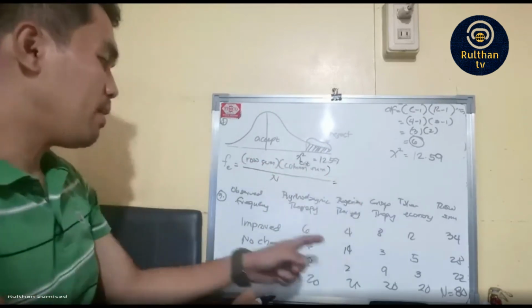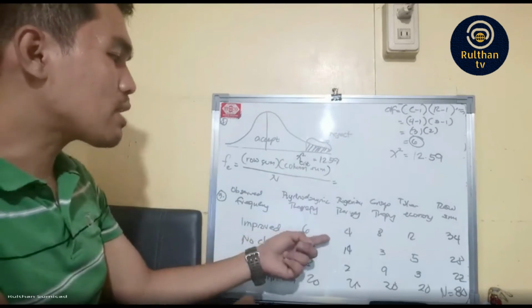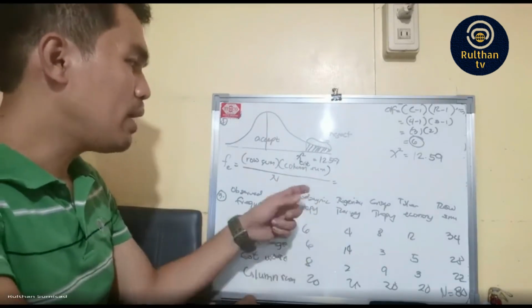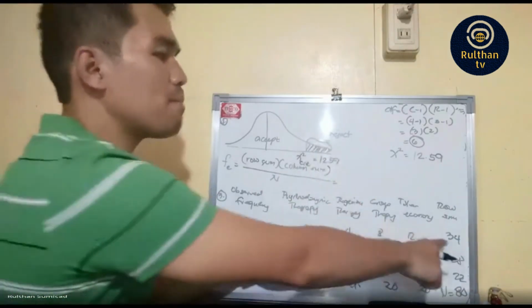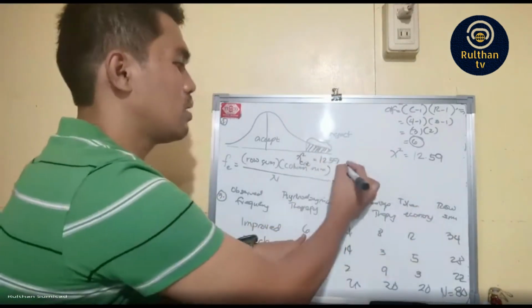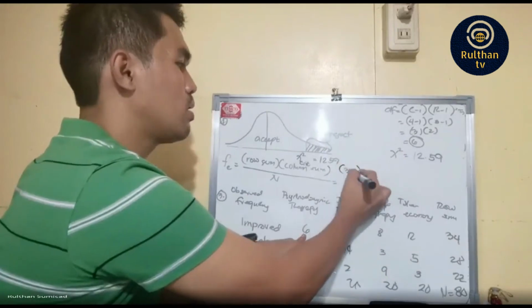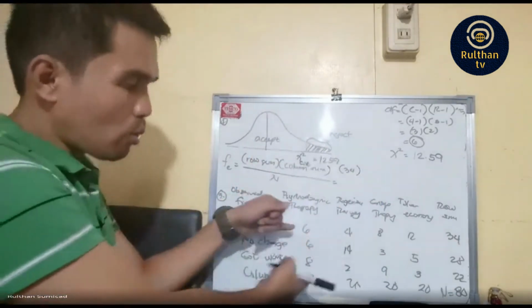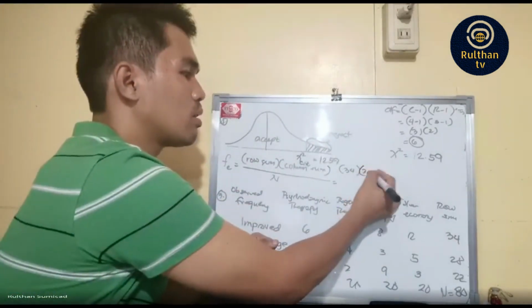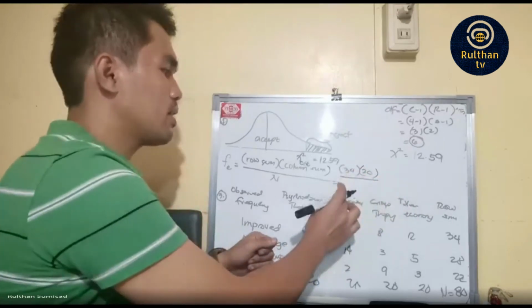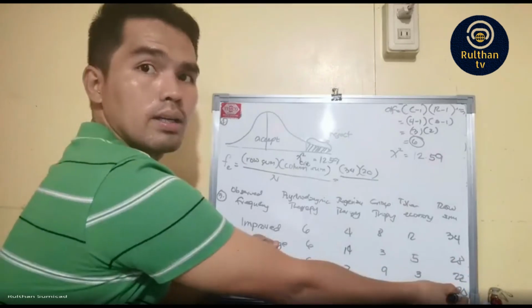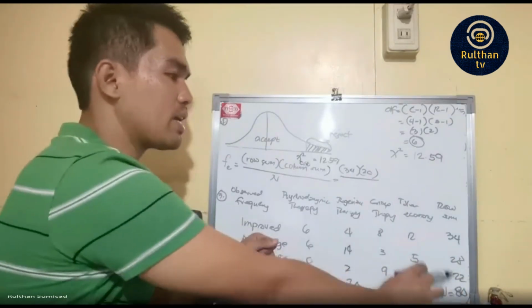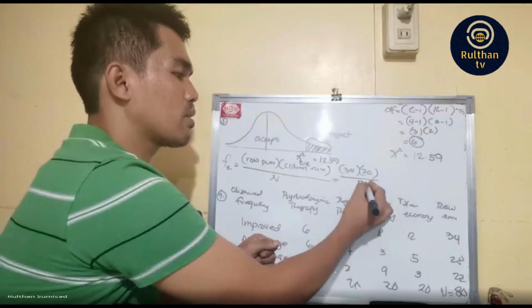For example, to get the expected value for improved and psychodynamic therapy, the row sum here is 34, and then the column sum is 20, divided by our n, which is 80 here.